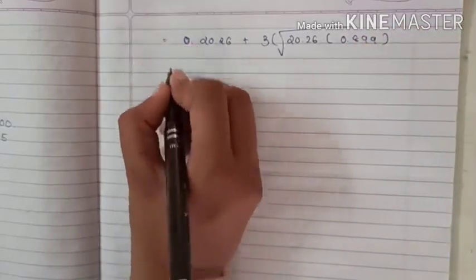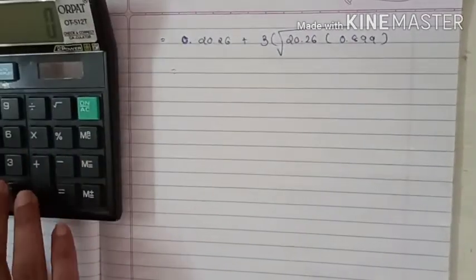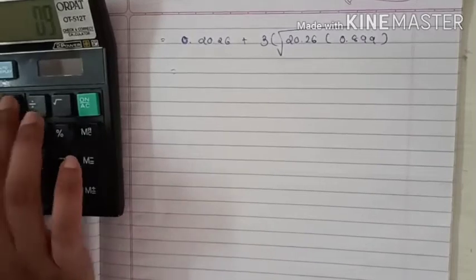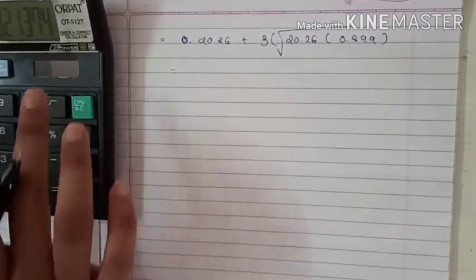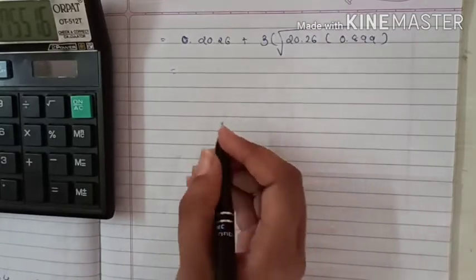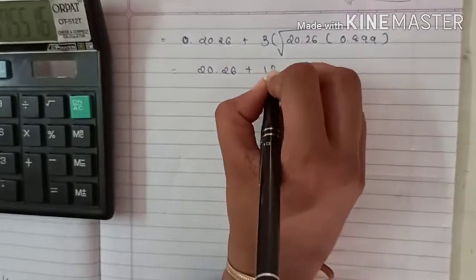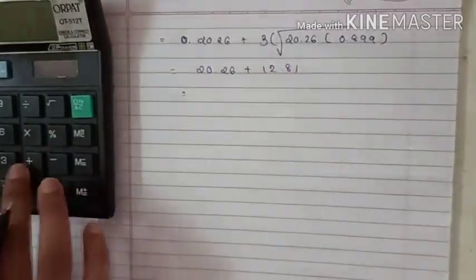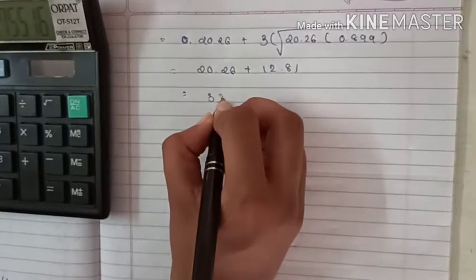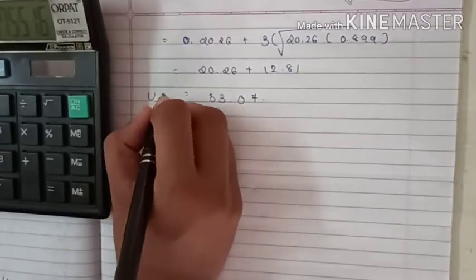Let's solve the values. 20.26 into 0.899, under root, multiplied with 3, it will come 12.81. So 20.26 plus 12.81 will come 33.07. It is the upper control limit.